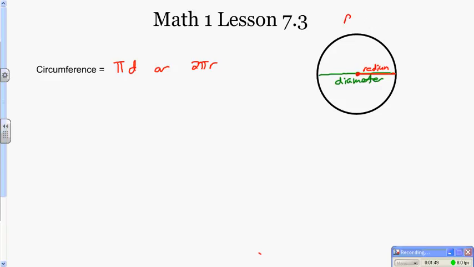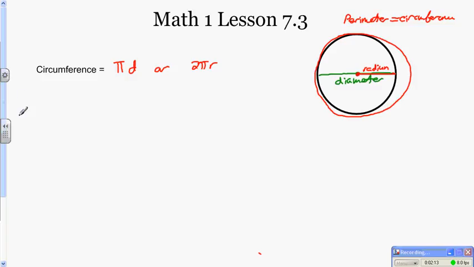And the perimeter of a circle, which would be the distance around, that is known as circumference for a circle.